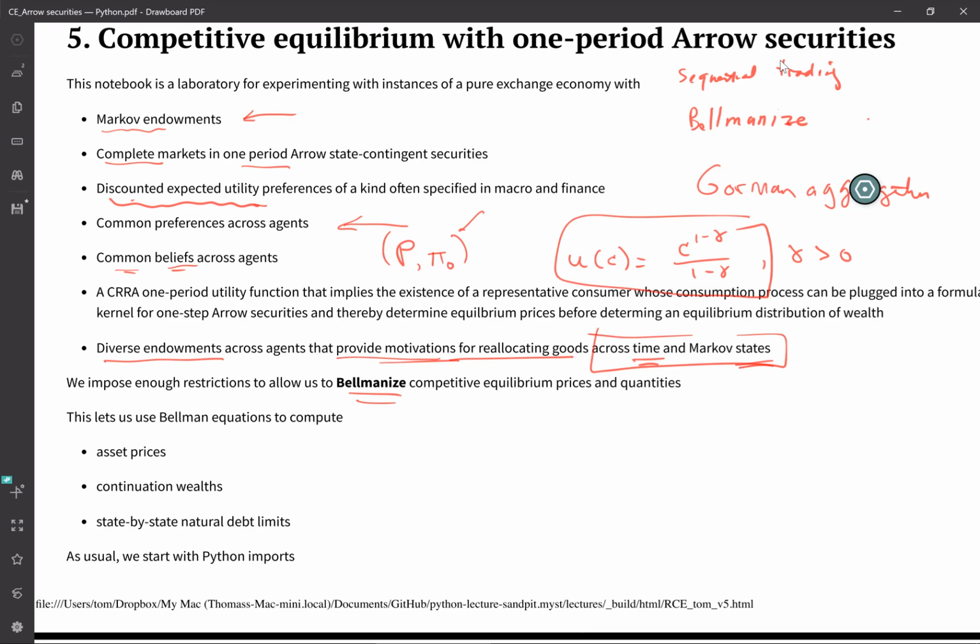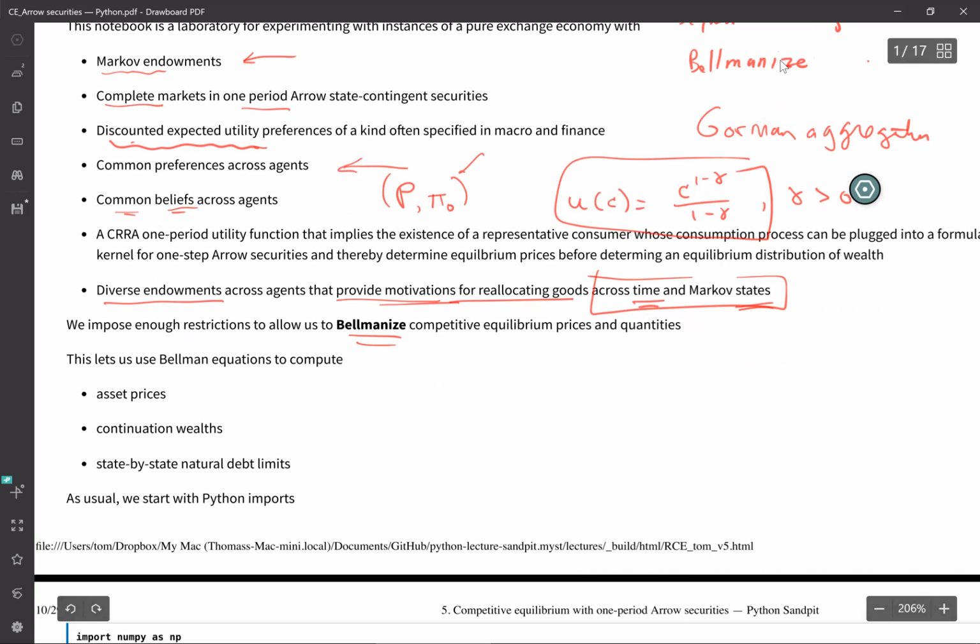That's what I mean by a Bellman equation. So we're going to use Bellman equations to compute a bunch of things that we need to in an Arrow securities market. First, we're going to have asset prices.